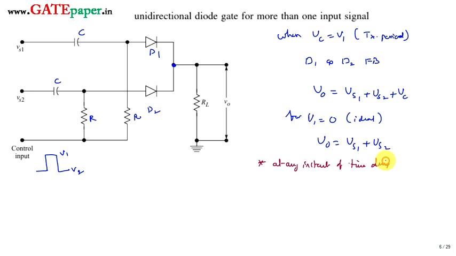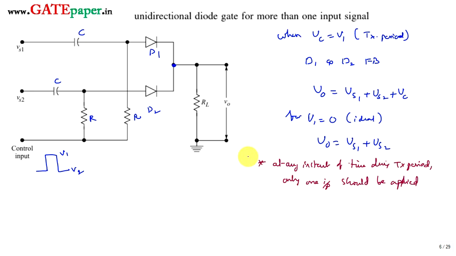At any instant of time during the transmission period, only one input should be applied. Either Vs1 should be applied or Vs2 should be applied, but not both. If you apply both at the same time, both signals appear at the output side, the output is going to be distorted, and it is related to neither Vs1 nor Vs2.